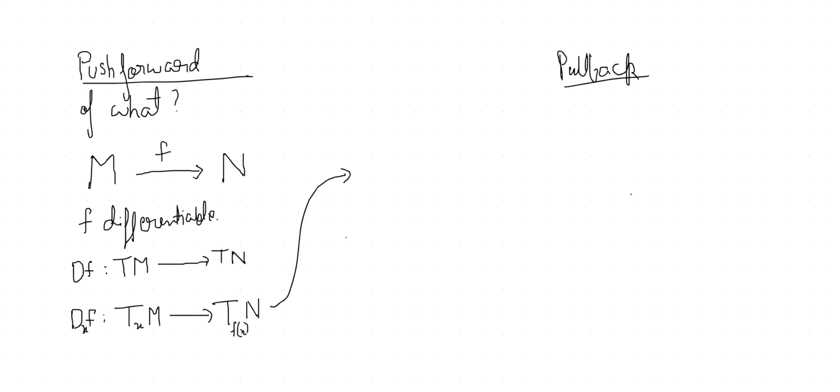We have a point x, and x is in U, and U is in M, and U is diffeomorphic to Rn. Okay, then how do you define TxM?